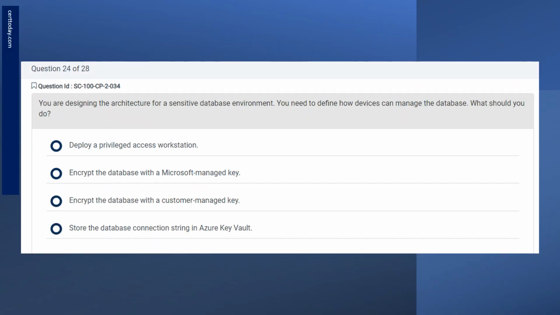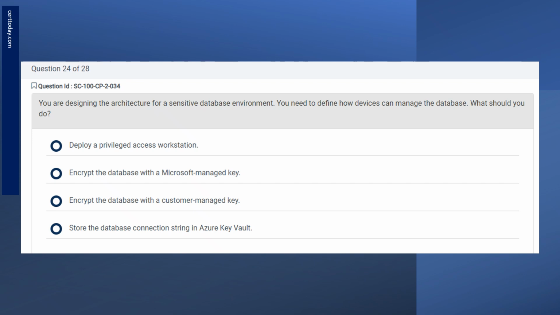Question 24. You are designing the architecture for a sensitive database environment. You need to define how devices can manage the database. What should you do? A. Deploy a privileged access workstation. B. Encrypt the database with a Microsoft managed key. C. Encrypt the database with a customer managed key.